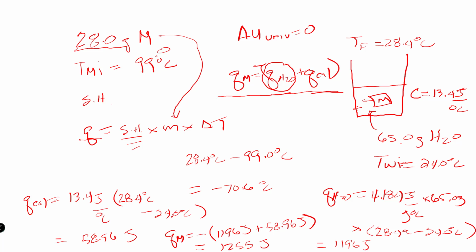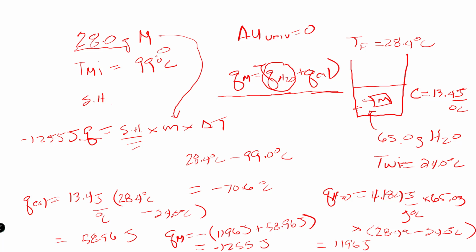All right, so we got 1255 joules. And that quantity is negative because that is now the Q of the metal. That's how much heat the metal gave off. Negative 1,255. All right, so now we're going to put in negative 1,255 joules for here.